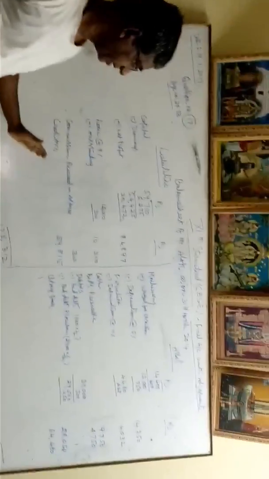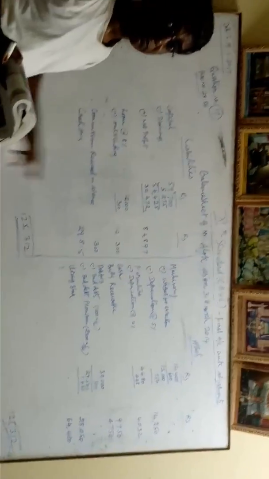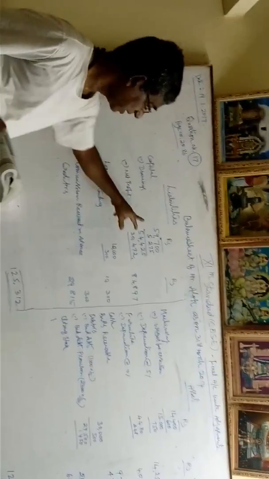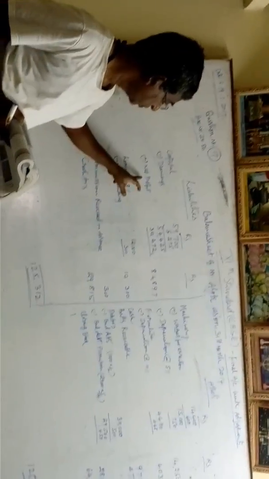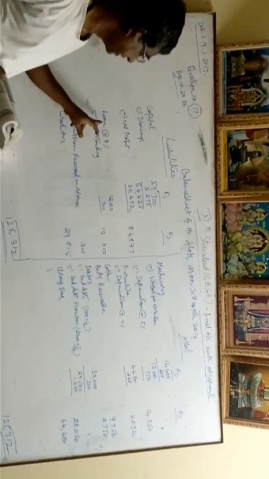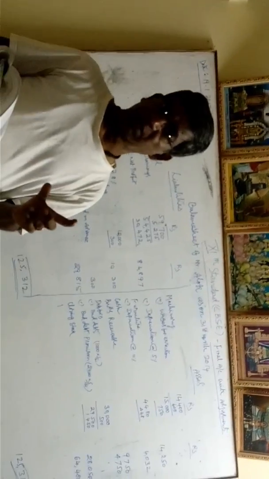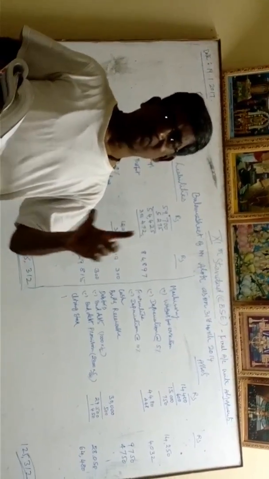Here, capital: from capital, subtract the drawings. After subtraction, add the net profit. You get total capital.